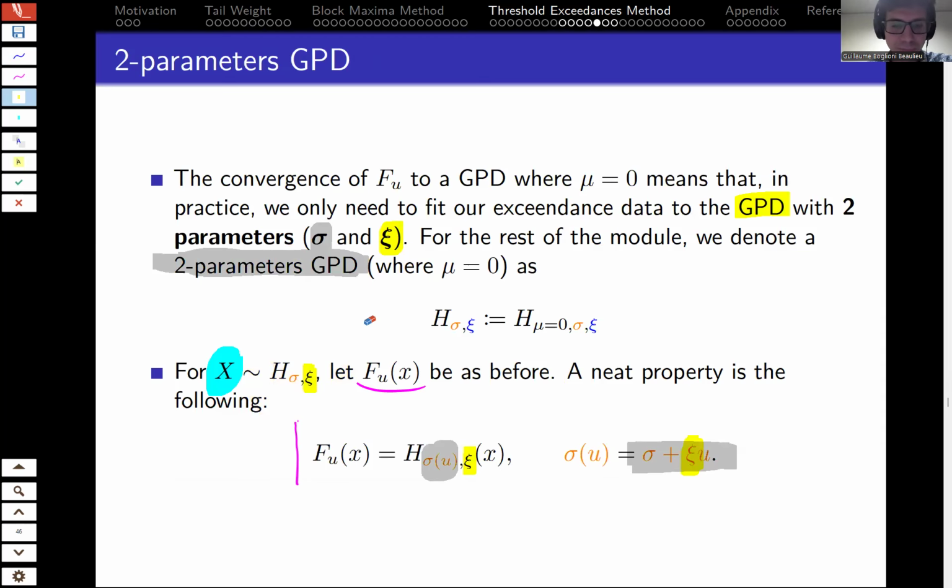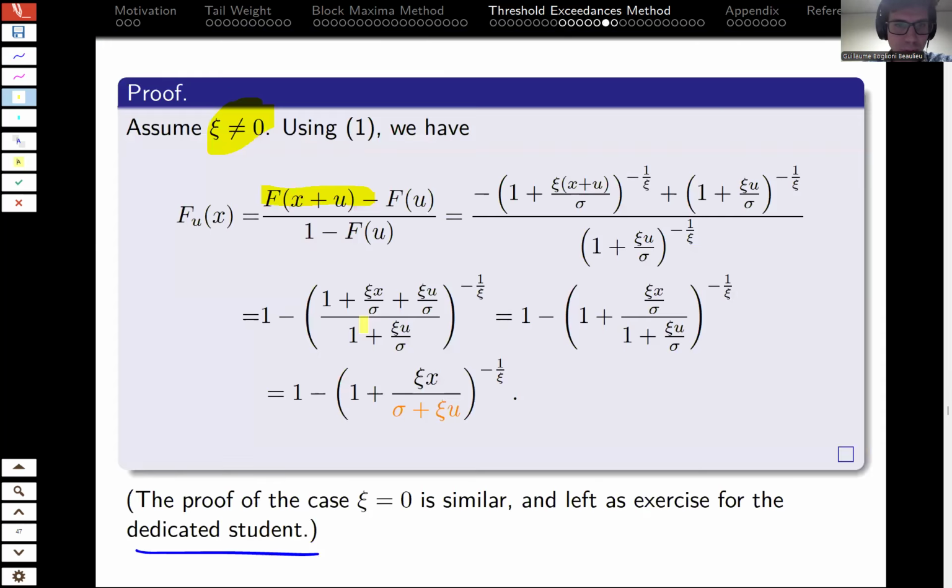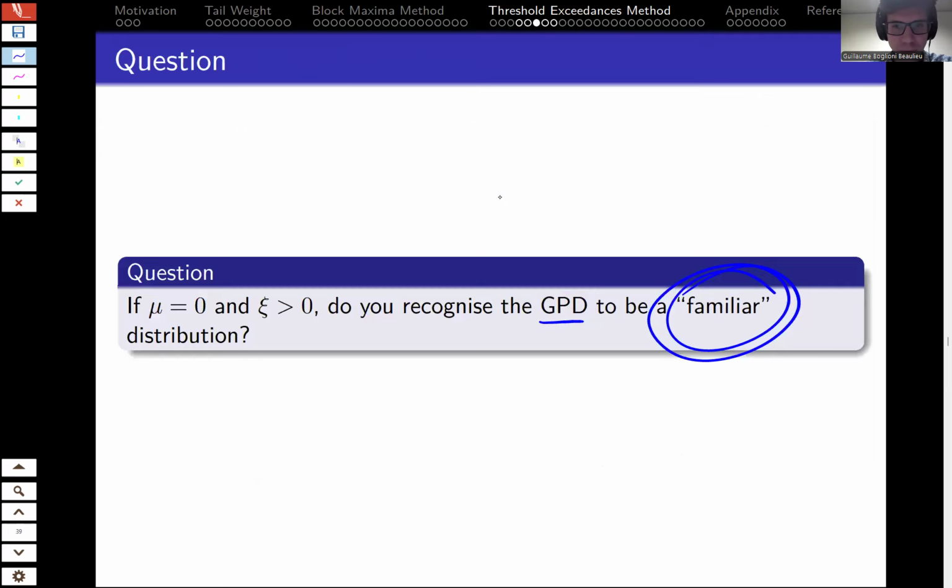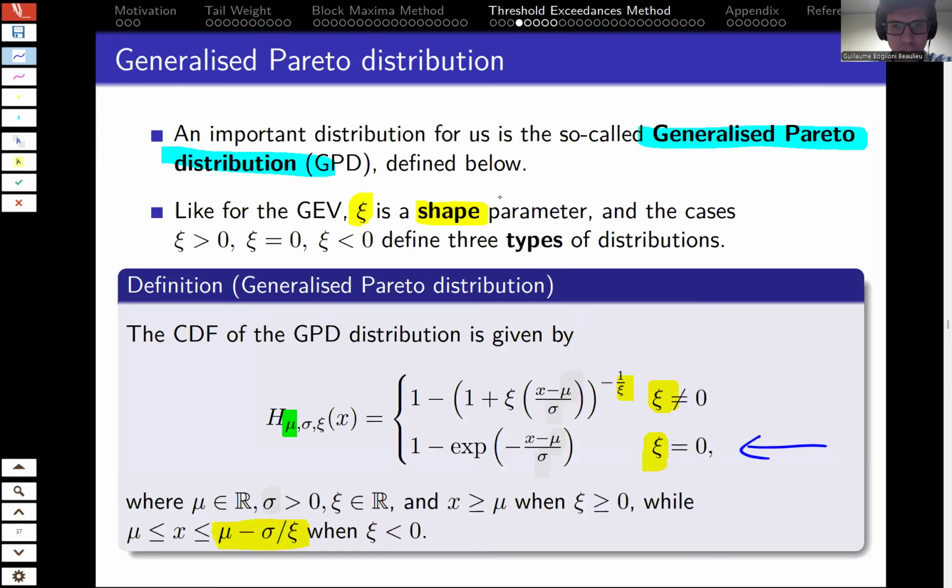So we replace this, the FX, by what it is if FX is the CDF of a GPD. Now, there are some ones that cancel out, because you might remember here in the expression we have a 1, but then because we're subtracting the CDF again, those ones are going to cancel out.